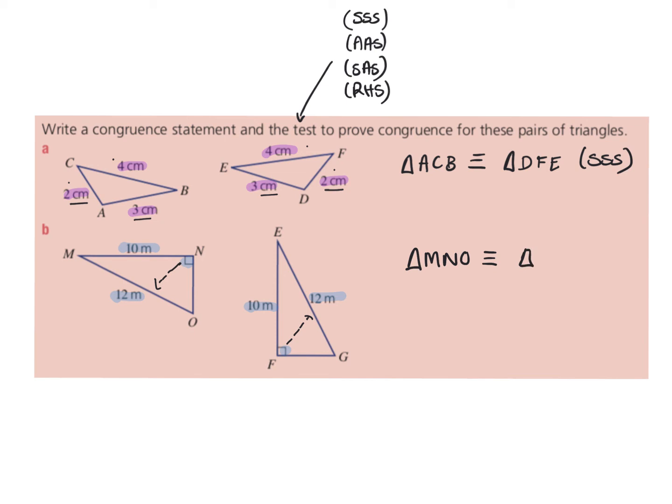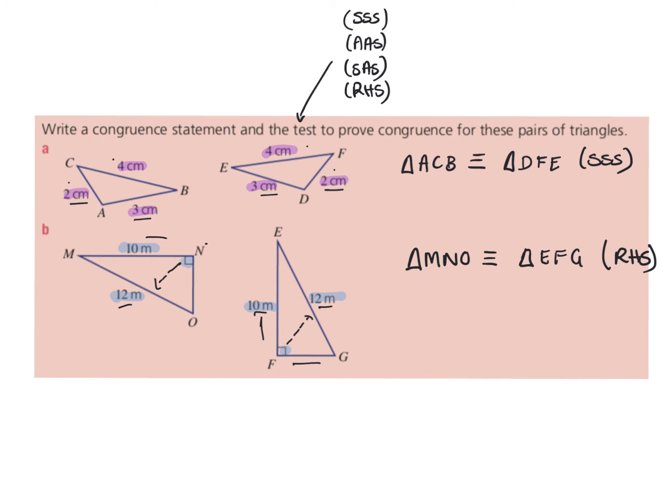Now I'm going to match. The M is between 12 and 10. So between 12 and 10 is E for me on this side. Then N here has the 10 and the blank side. So the 10 and the blank side is F. And what's the last one? E, F, and G. And why is it congruent? Because it's a right-hand side triangle.